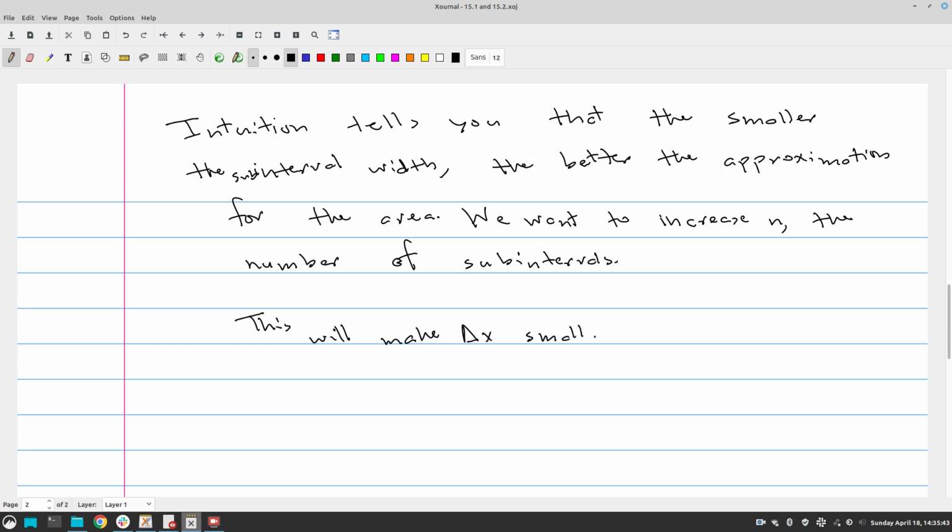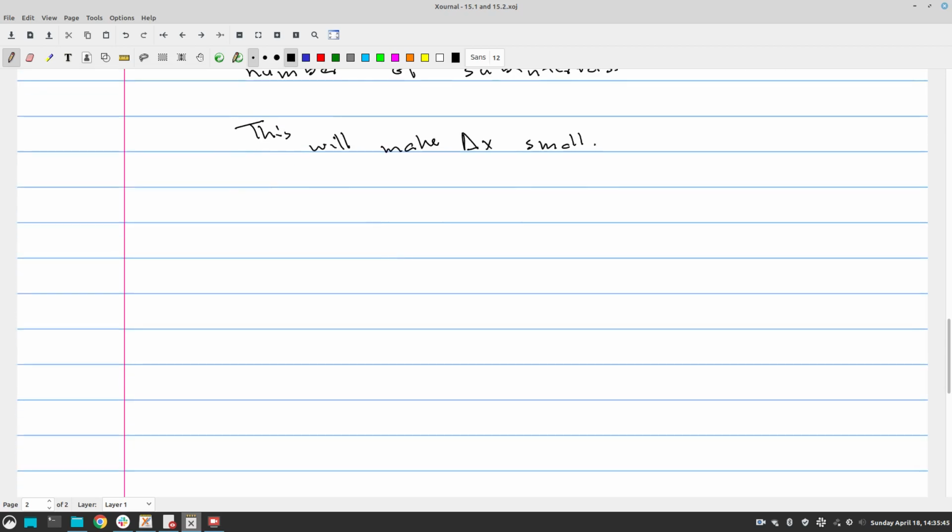Now, if that is the case, then as n goes to infinity, the Riemann sum approaches the actual area, the exact area.